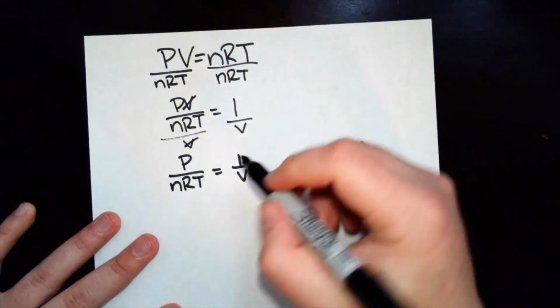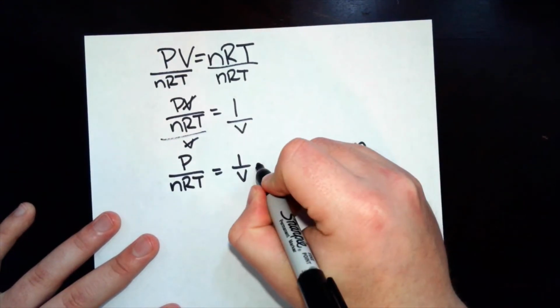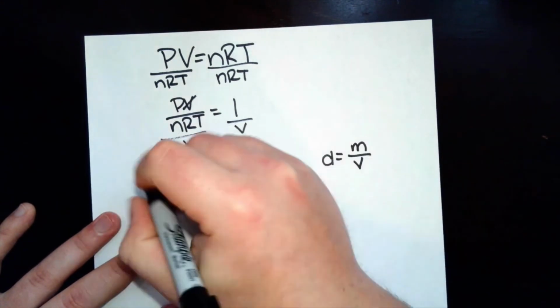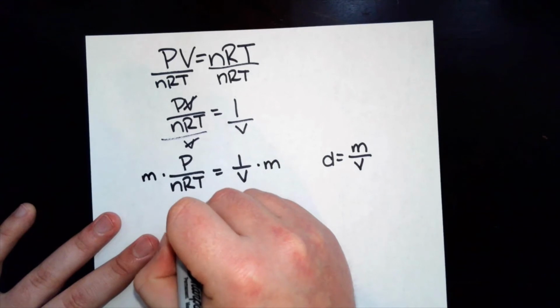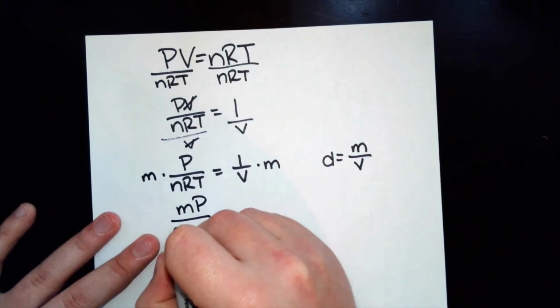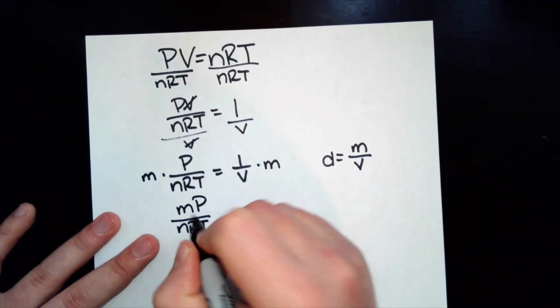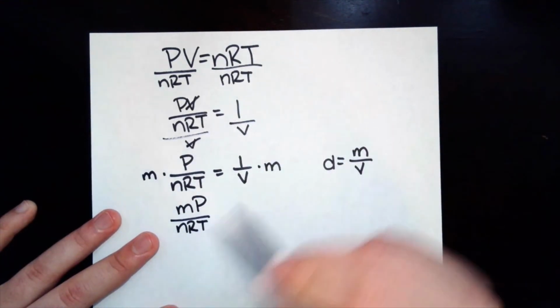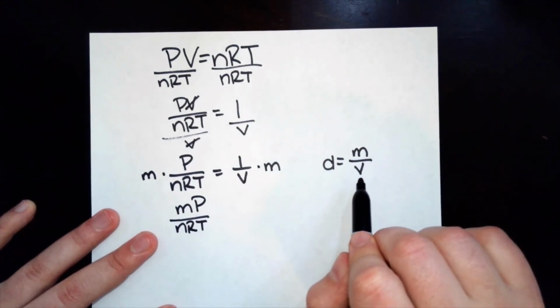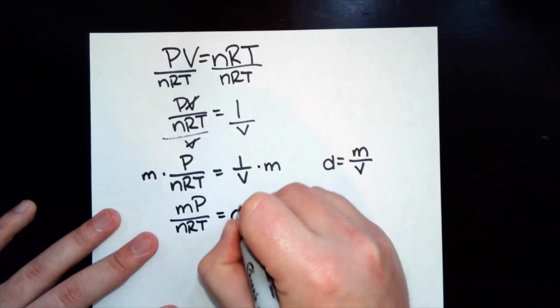So if we just multiply both sides by mass, we get M times P over nRT. And here we have M divided by V. Well, I just said that's the density.